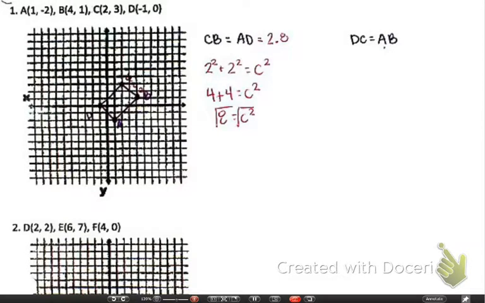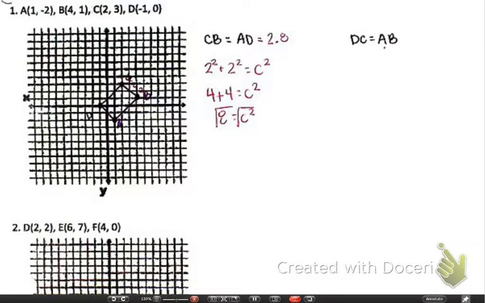I want you to find the distance of either DC or AB. Actually, the first 3 groups and then group D, I want you to find AB, and then everyone else I want you to find DC. So find the length of AB, the first 4 groups, so the front 3, and then this group here, and then everyone else find DC.